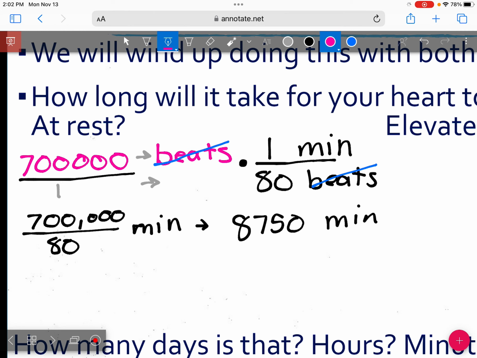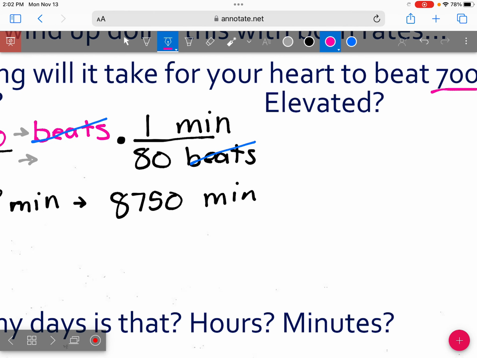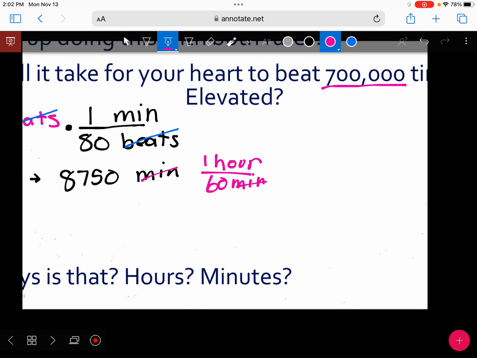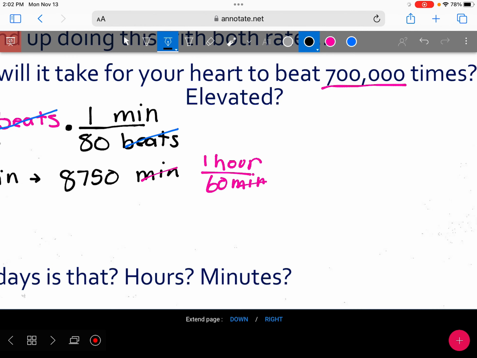Yeah, 60 minutes in an hour. So 1 hour is 60 minutes. And we can cancel out the word minutes to get 8,750 for me, divided by 60, and I get 145.83 hours.